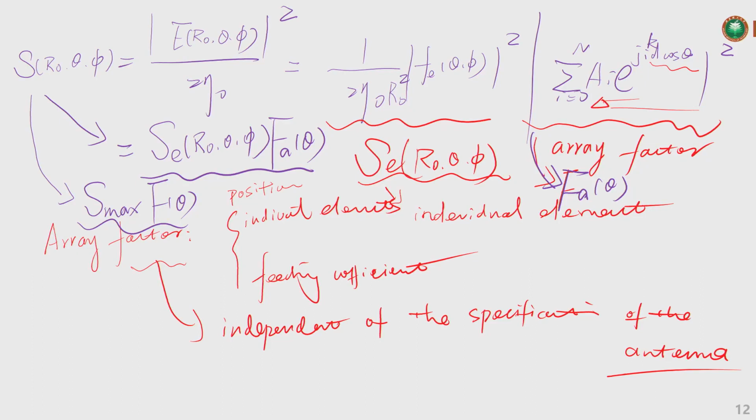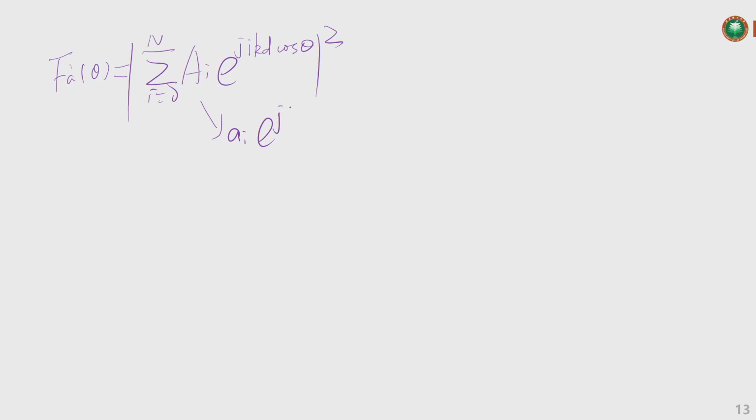And now, as we know, the array factor F_a(theta) is expressed as the sum over i from 0 to n of A_i times e^(j i k d cos theta), squared. So A_i equals a lowercase a_i times the phase part, this one.